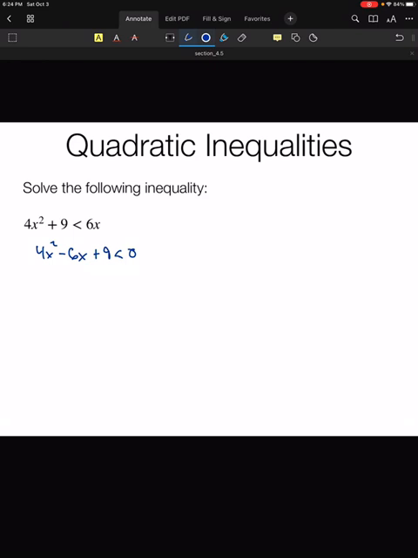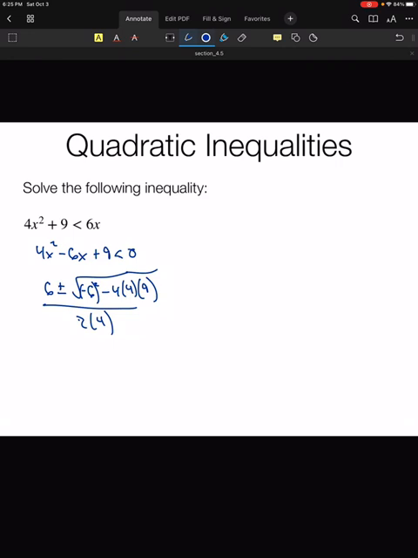So the quadratic formula is negative b, which is negative of -6, so 6 plus or minus the square root of negative 6 squared minus 4 times 4 times 9, all over 2a, 2 times 4.